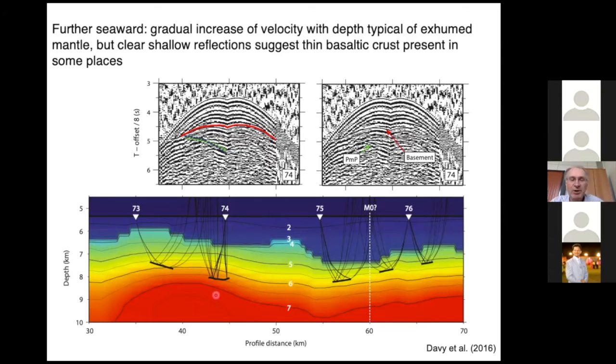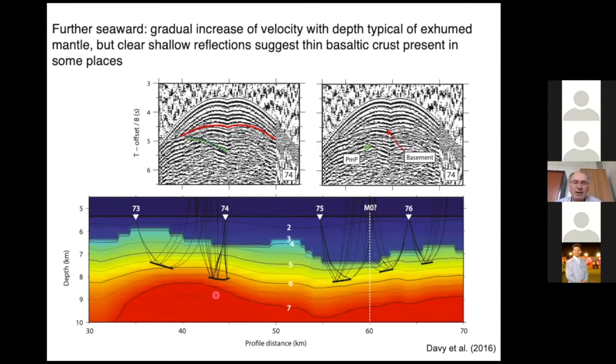So the interpretation of this area is that this is more exhumed mantle. We know the prototype ridge has been sampled, so it's mantle. There's some more exhumed mantle out here, and there are bits of something else, thin pieces of something else, which could be thin basaltic crust. I think we can't really tell exactly what it is.